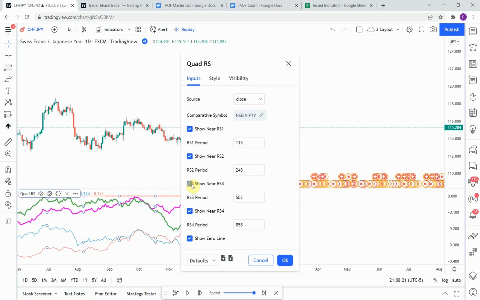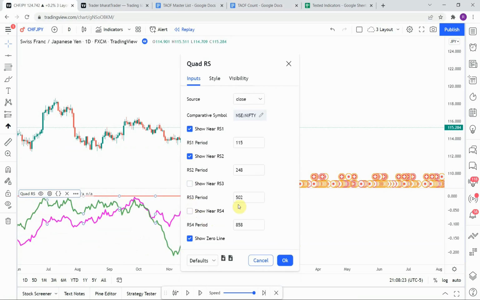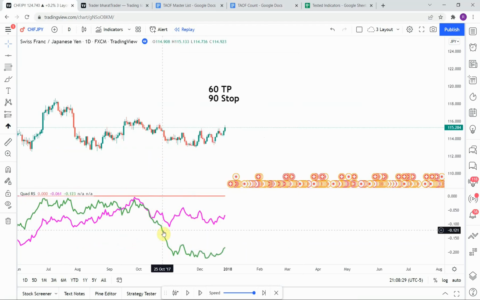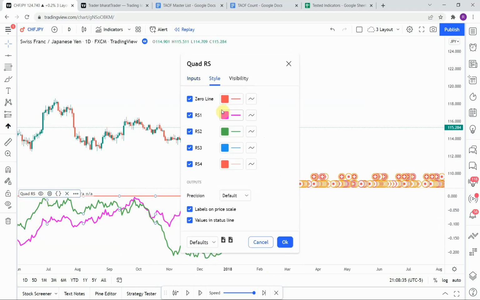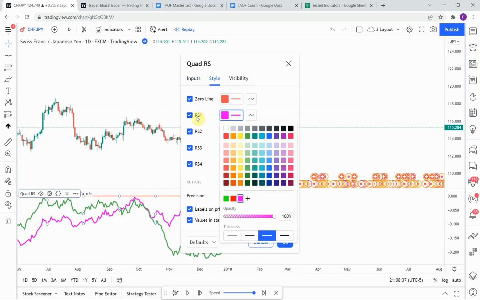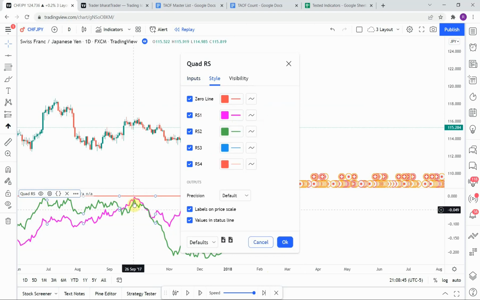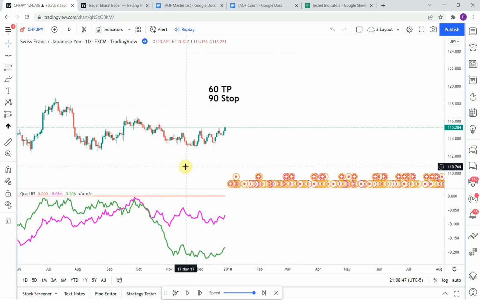But I went ahead and turned off the two higher ones, the 502 and the 858, leaving these two here. I went in and bumped up the opacity or the line weight of RS1 and RS2, and I changed RS1 from a yellow to a purple because yellow is really hard to see.